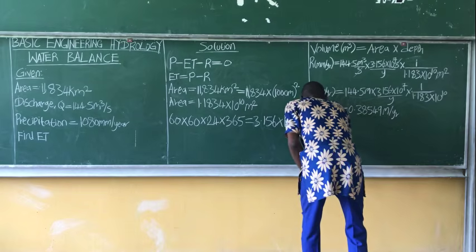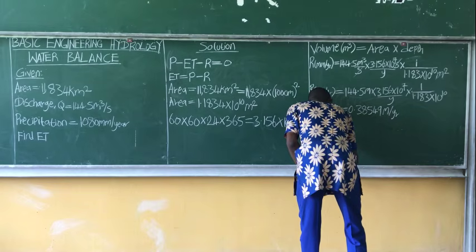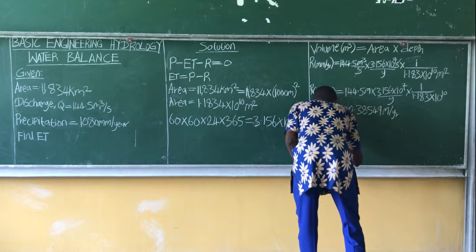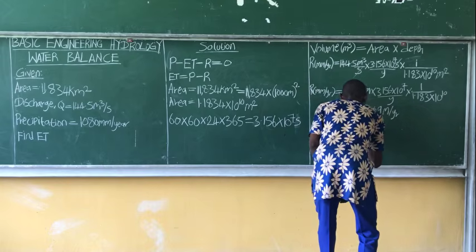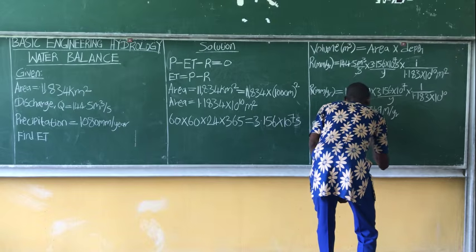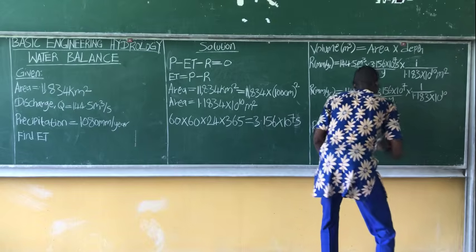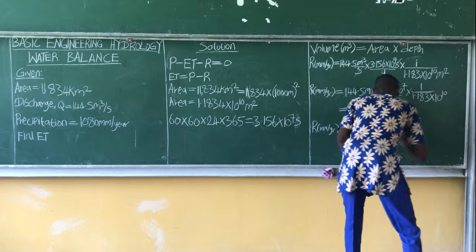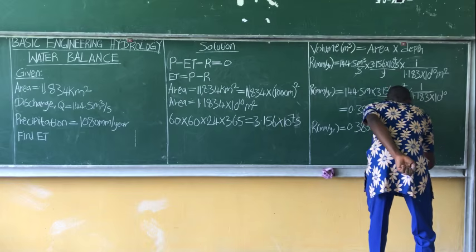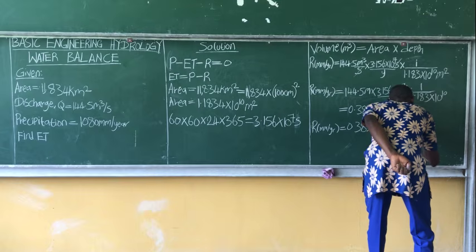So our runoff in millimeters per year is simply equal to 0.38549 meters per year times 1000 millimeters per meter.